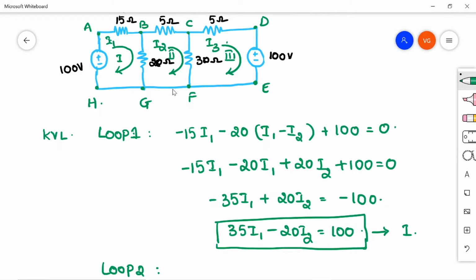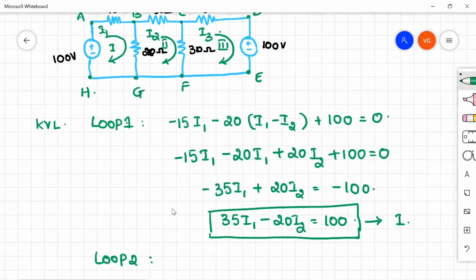Then here I don't have any element, and then BG again 20 ohms. This I2 and then I1 is flowing in the opposite direction. So you can take it as I2 minus I1. So that is minus 5 I2, and then minus 30 into I2 minus I3, then minus 20 into I2 minus I1.